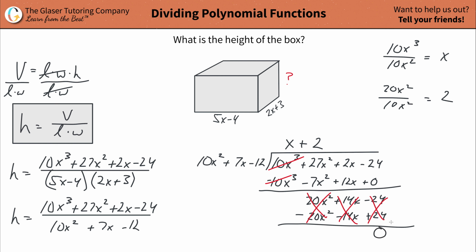Not that the problem will always end with 0, but whenever the power of x of your dividend is less than the leading power of your divisor, you're basically done.